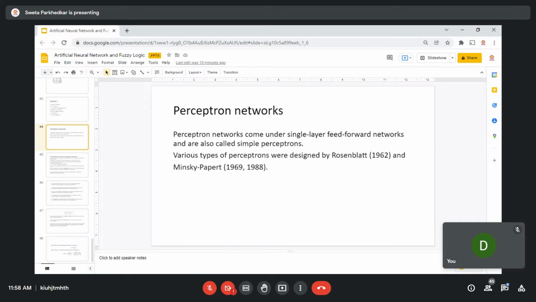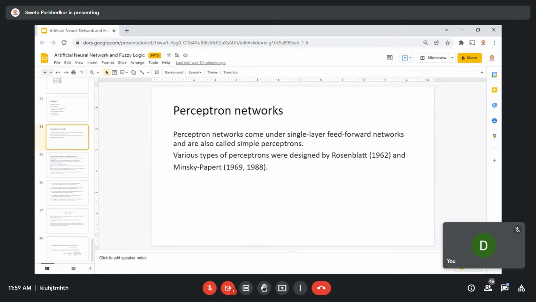Here, no multi-layer has been added. If you want to build a simple perceptron, you can write code for a perceptron in Python also. So if you want to build a particular simple perceptron, then go for the architecture of single layer feed forward network.